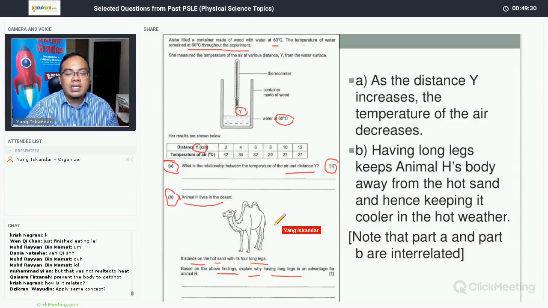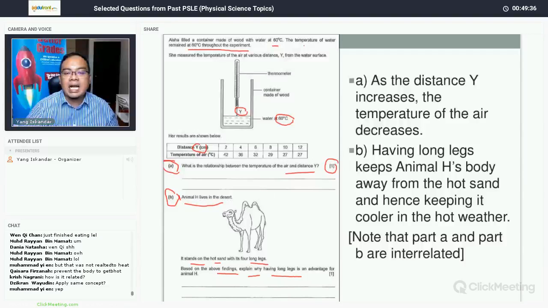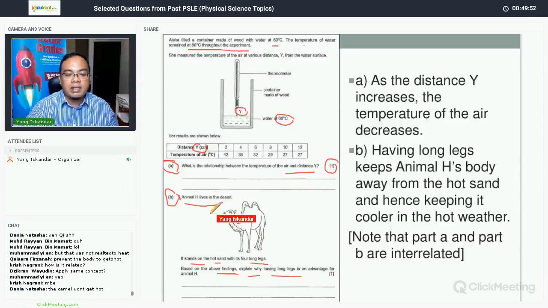So it is much cooler for the camel's body if it has higher legs, because remember, in the desert, the sand is very hot. If the camel's leg is short, more heat travels to the body and you will feel warmer.